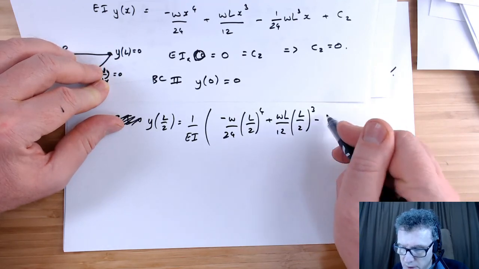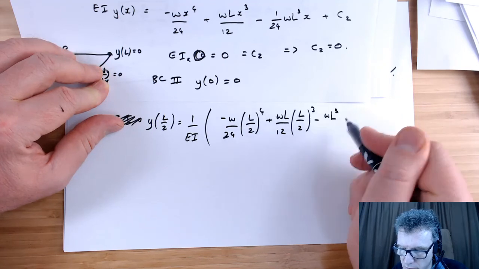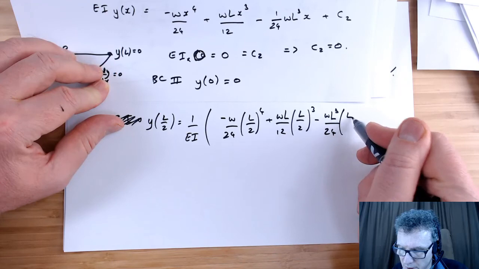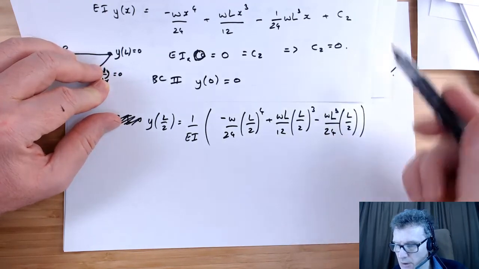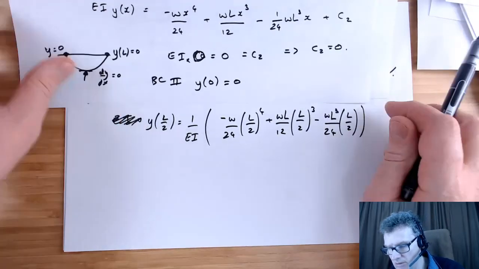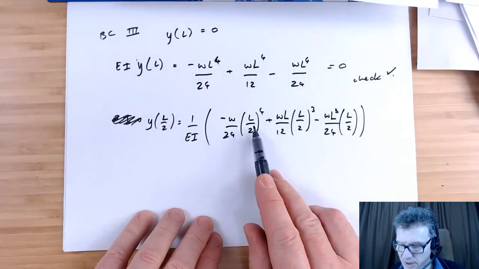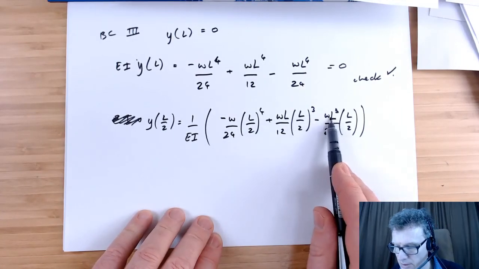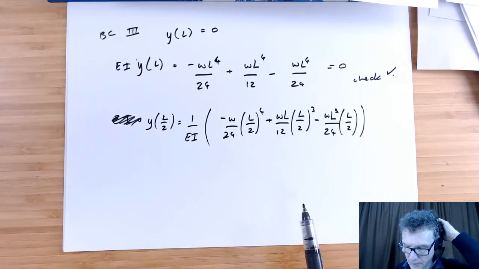Then minus WL cubed over 24, and that's L over 2. Close the bracket. Remember my C2 is 0. Obviously we can see that we've got L to the power 4 all the way through, and W all the way through.